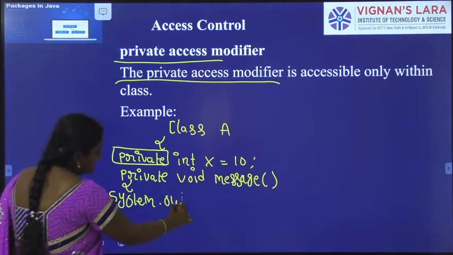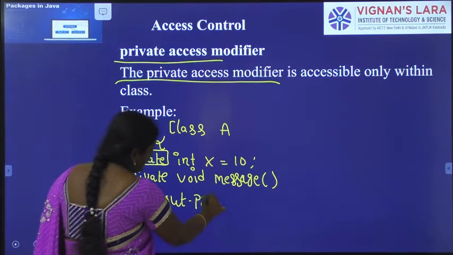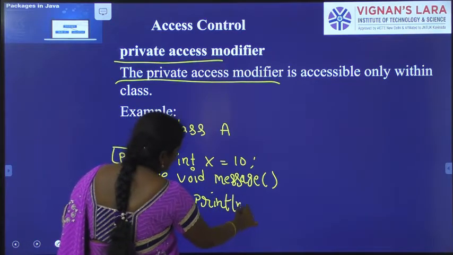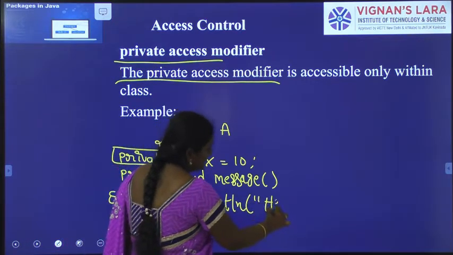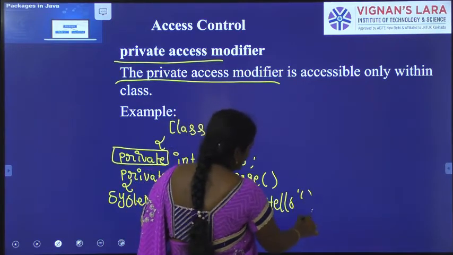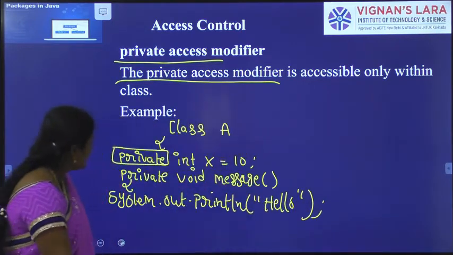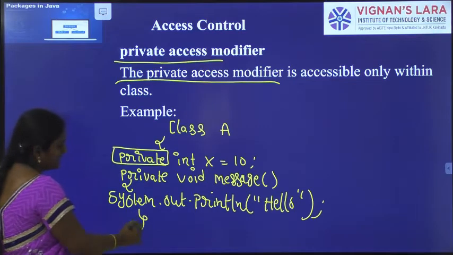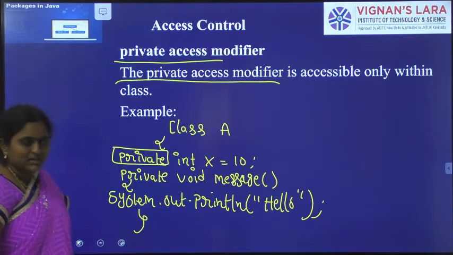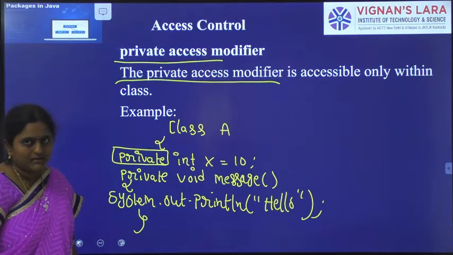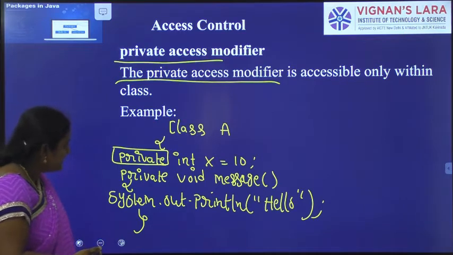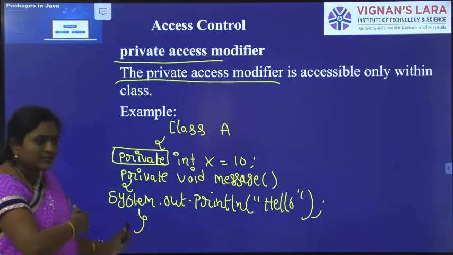I am writing system.out.println hello. Every statement is terminated by a semicolon. Here I am closing the method body.